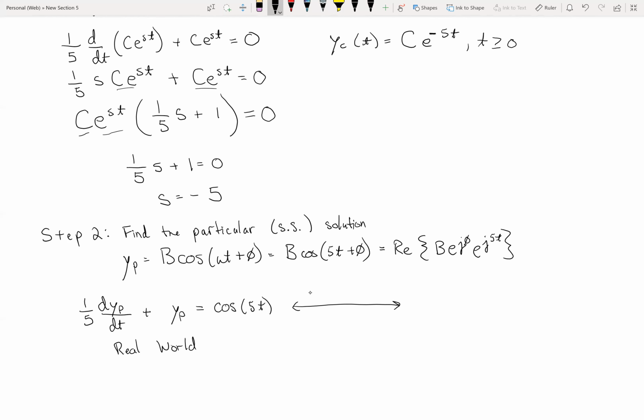And then over here in our dynamic phasor domain, I have 1/5 d y p by dt plus y p equals e to the j 5t.